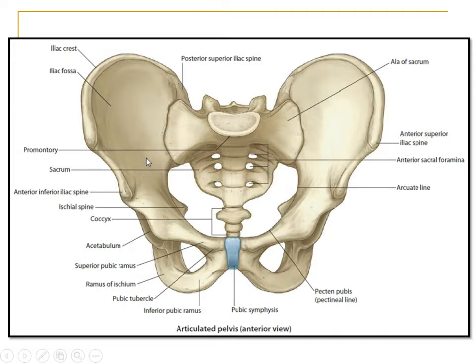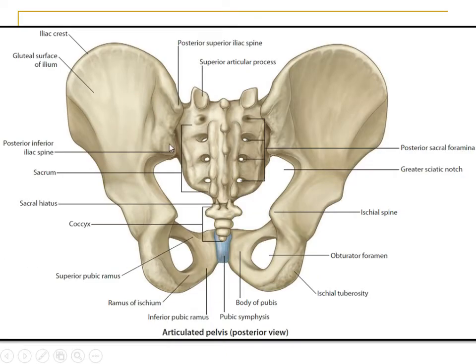And we can see the same structure in this picture as well. On either side is the hip bone, and in the midline is the sacrum and the coccyx. Same thing when we visualize from the posterior side, we can see the hip bone on either side, sacrum and coccyx in the midline. The sacrum has the sacral hiatus over here and the posterior sacral foramina.